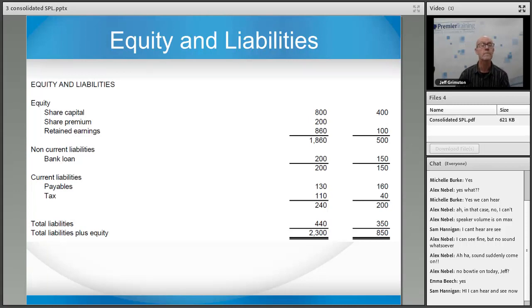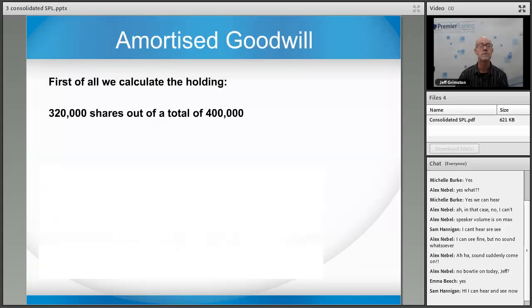Oh, missed the heading there. Share capital of, here's Ginger, here's Baker, is 400,000. So we have bought 320,000. 320 out of 400 tells us that our holding is 320,000 out of 400. We've acquired an 80% holding. That's our controlling interest in Baker Limited.